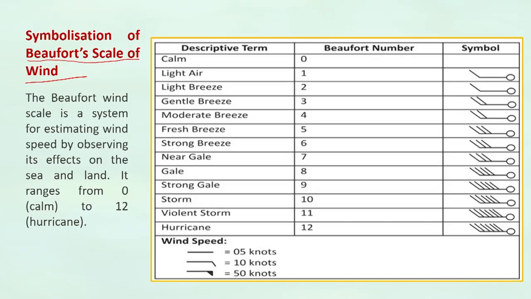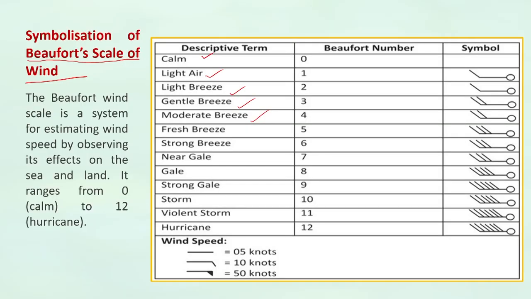Based on the speed, the wind can be named as calm, light air, light breeze, gentle breeze, moderate breeze, and so on. Here there is a Beaufort number also, but in this class I did not show it because it is related to interpretation of weather reports.